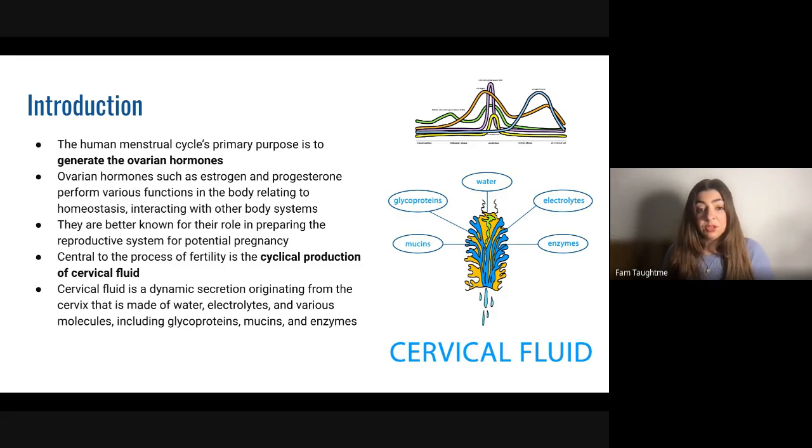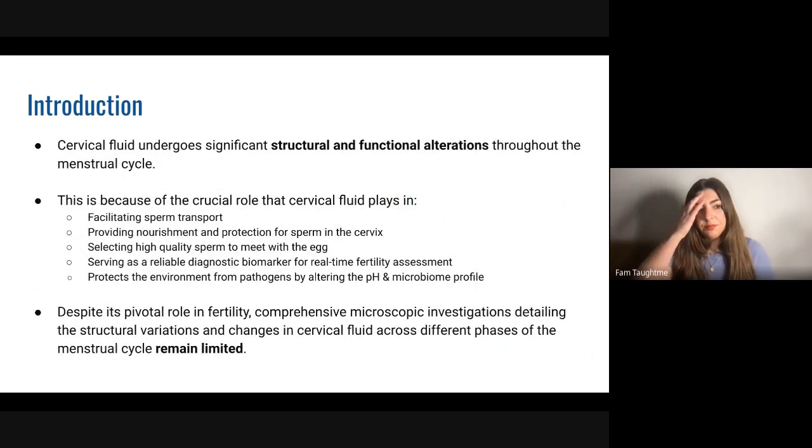And if you're looking at the menstrual cycle graph above the image of the cervix here, if you follow the line of estrogen, that's the one in orange, and that's really where the cervix is getting most of its messages from as far as what to do. And it also gets a message from progesterone. That's the blue line that you see here, and it comes after ovulation. So you see both estrogen and progesterone are interacting with the cervix.